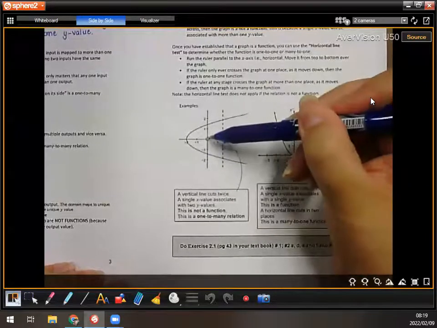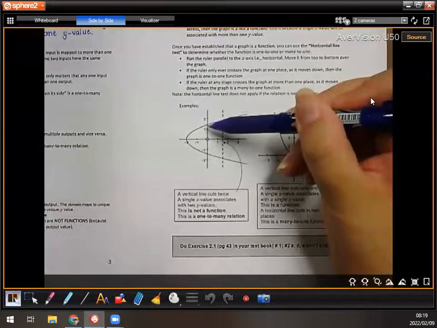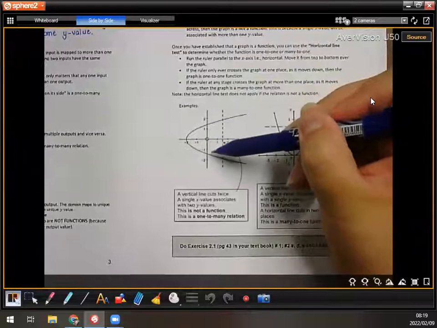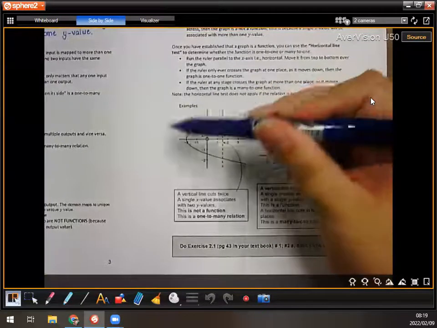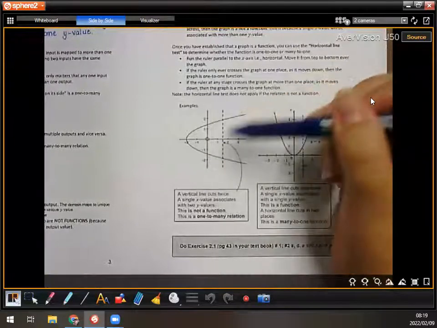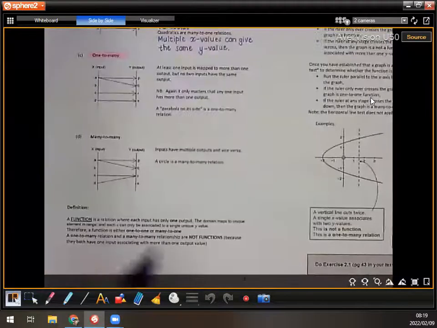So at the x value of 0, we have y is 1, 3 or whatever, and -1, 2. Okay, so this is an example of a one-to-many relation. Okay, one x value, multiple y values.